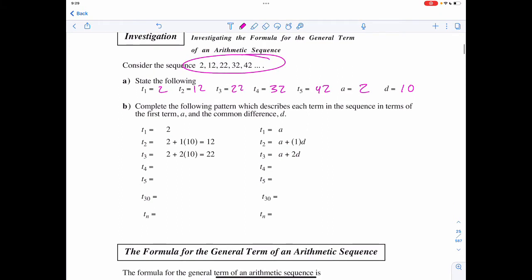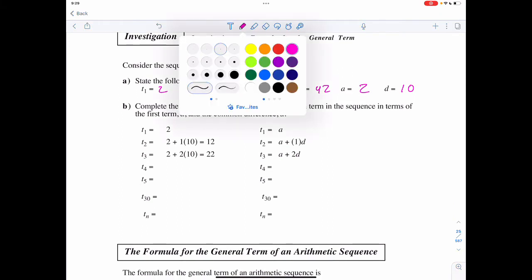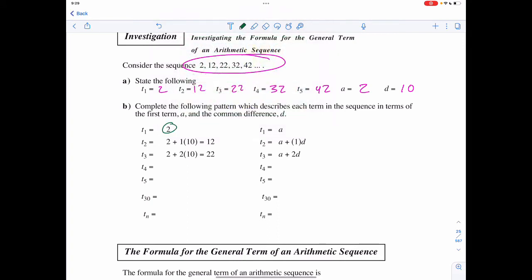So I could say that term 1 is 2, term 2 is 2 plus 1 times 10, term 3 is 2 plus 2 times 10, term 4 is 2 plus 3 times 10. Then I go 2 plus 4 times 10.